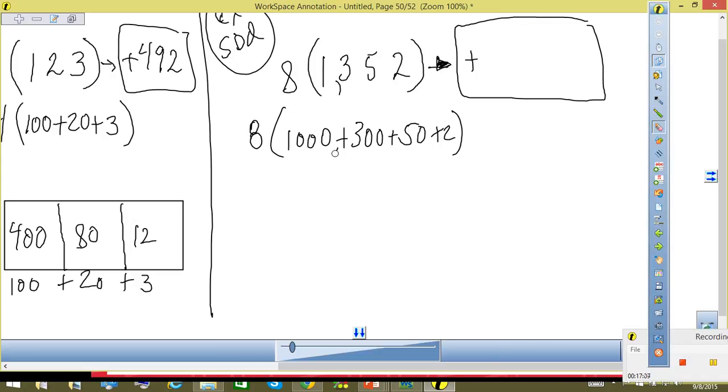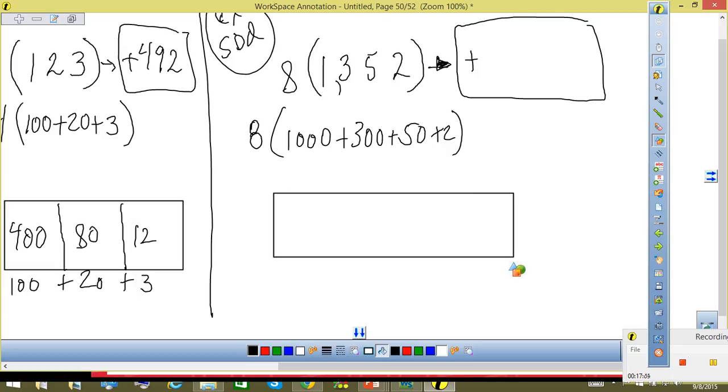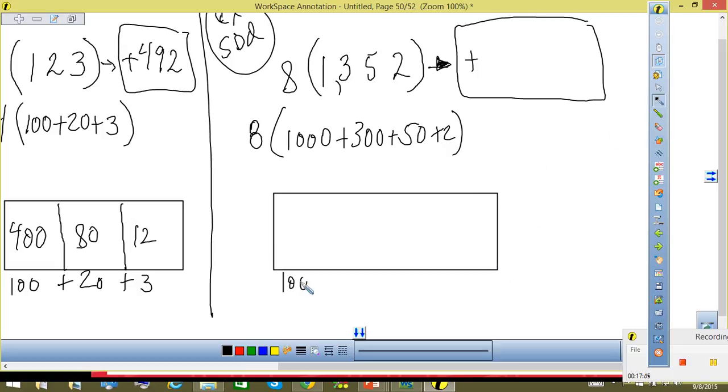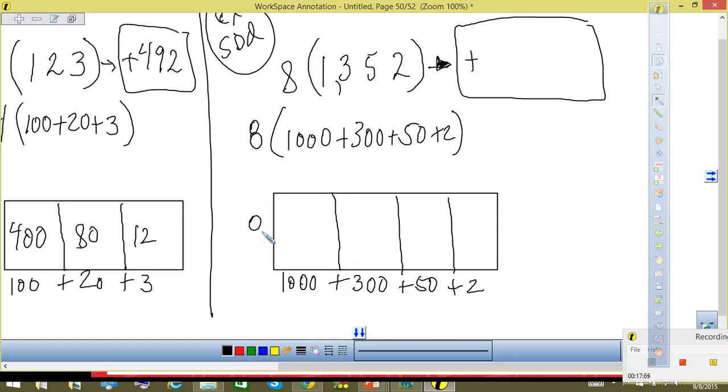Bam. So now let's draw our area. So we got 1,000 plus 300 plus 50 plus 2. A line across here, here, and here. And what is the height? 8. So, what is 8 times 1,000? 8,000.